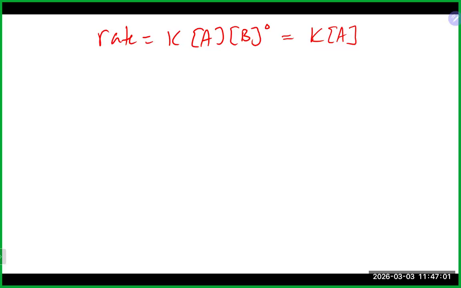Rate laws are found experimentally, basically. So when we talk about rate laws, they are typically found experimentally. So usually when you're going to try to determine what the rate law is for a particular reaction, you oftentimes are given basically lab information, a table of data, and you're going to use that table of data to figure out what the orders are for each reactant and ultimately the overall order of the reaction.